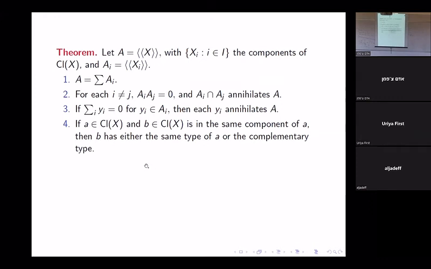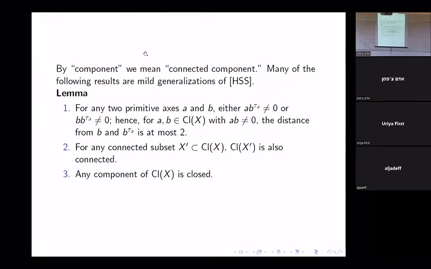Wait a second. No, that is true. I'm sorry. It's clear that any component is closed.